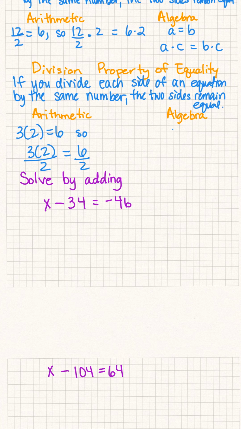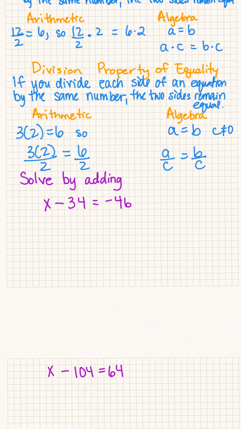For algebra, A equals B, and C does not equal 0, then A over C equals B over C.